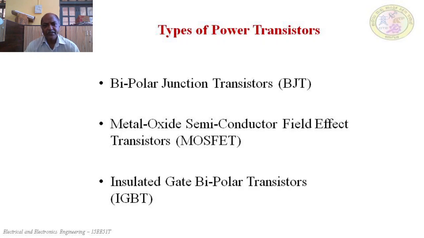Between alternate layers there is a junction, hence the word junction, and its operation is to transfer the resistance, as I explained earlier. So this device is called a bipolar junction transistor.